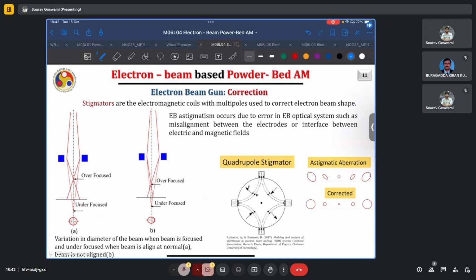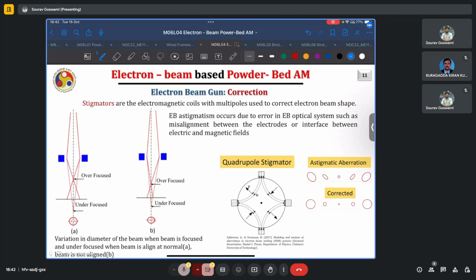However, when it is deflected at large angles from the optical axis, the effective cross section becomes elliptical, which leads to a change in the distribution of energy. Because of this change of distribution of energy, when the beam is scanning close to the optical axis and away from the optical axis, the final parts can have non-isotropic properties because of the change in energy density.